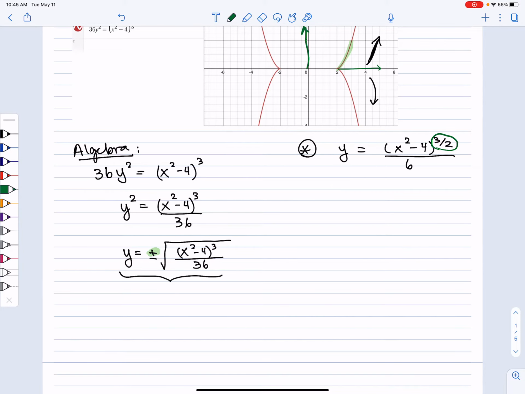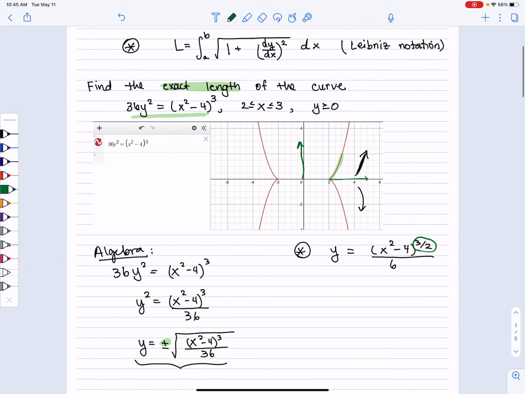Let's go back to the formula. If we go back to the formula, notice we need to take the derivative of y with respect to x. You can see that up here in the formula. So let's do that. Let's find dy/dx. And dy/dx, we can write it down as 1/6 times 3 over 2 times (x squared minus 4) to the 1/2 times the derivative of the inside, which is 2x.